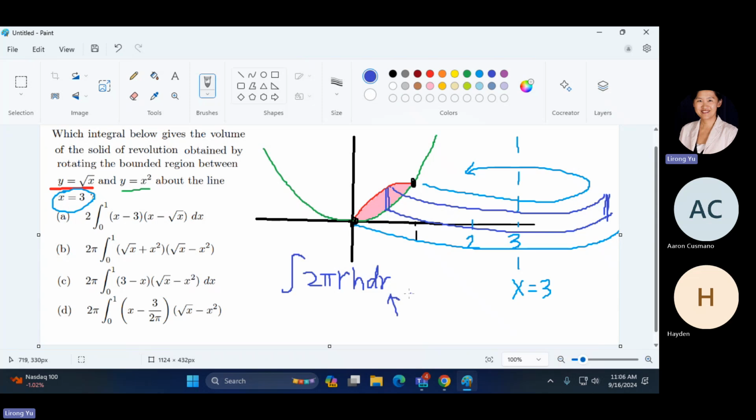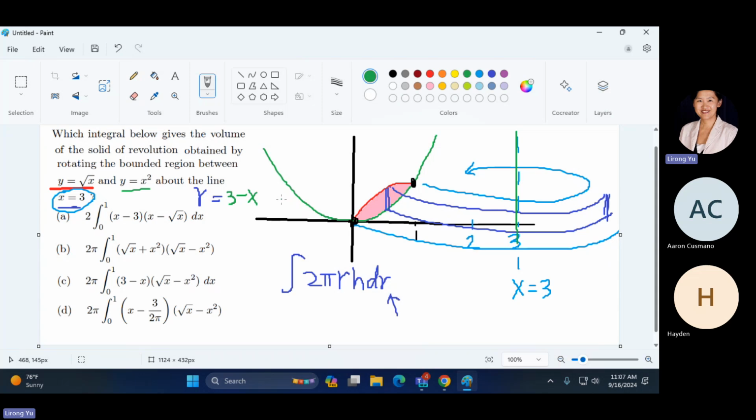In our case, our radius, based on the line x equals 3, you look at the comparison between your line of symmetry and the shape. The shape is to the left of your line of symmetry, so your r should be 3 minus x instead of x minus 3. So x and 3, it's a comparison between the two.